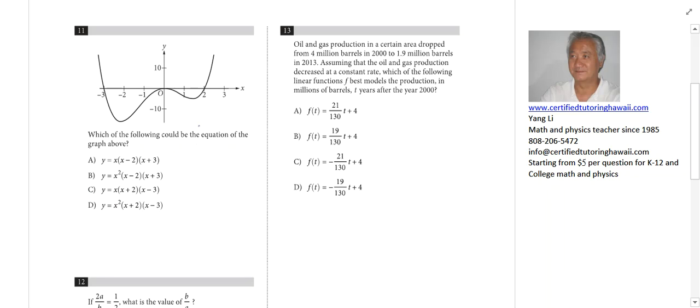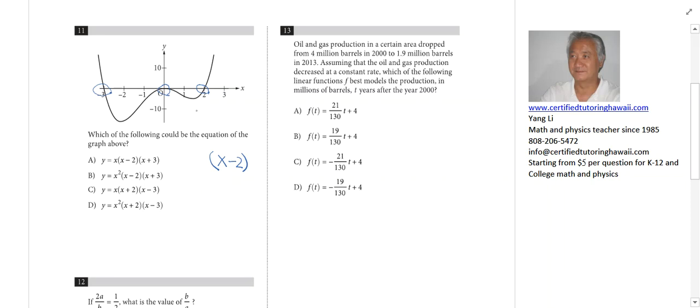Let's look at the x-intercepts first. You see x equals 2 is one of the x-intercepts, x equals 0 is an x-intercept, and x equals negative 3 is the other one. Because x equals 2 is an x-intercept, x minus 2 is a factor of this function.